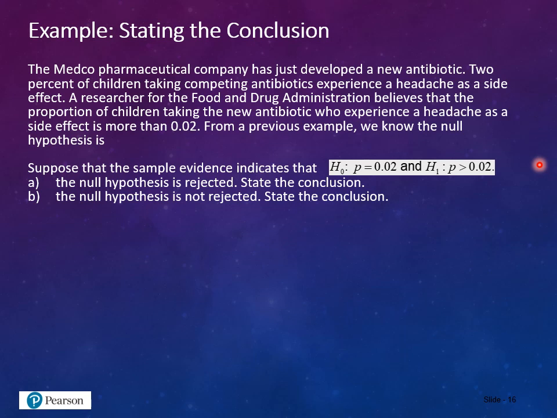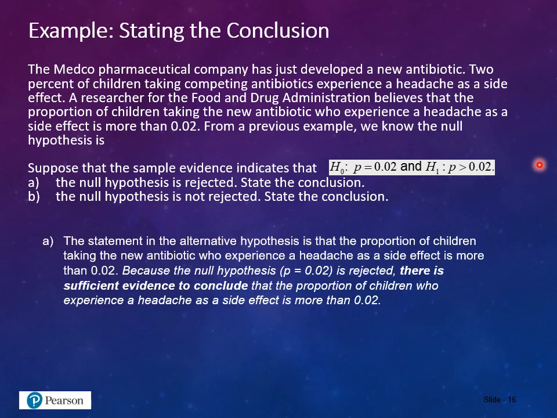Suppose that the sample evidence indicates that the null hypothesis is rejected, state the conclusion. So this is for part A. The statement in the alternative hypothesis is that the proportion of children taking the new antibiotic experience a headache as a side effect is more than 2%.